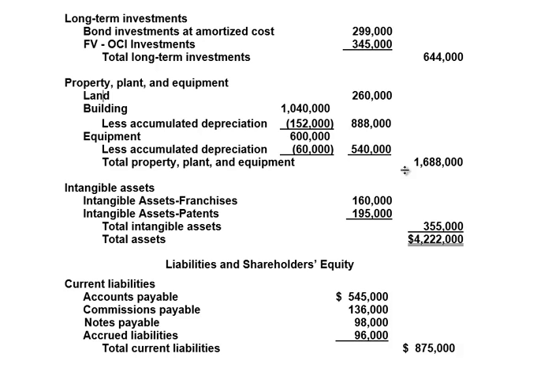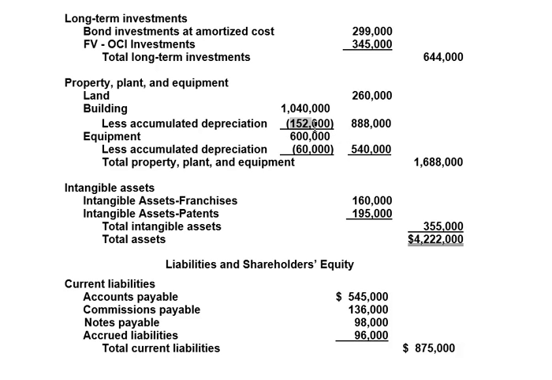But in our case, we're putting it first, and we're showing the accumulated depreciation that corresponds to each asset directly underneath it. So accumulated depreciation for the building is right underneath the building account itself. The building is set up at cost, as is the land and the equipment. The accumulated depreciation is deducted from the building account.